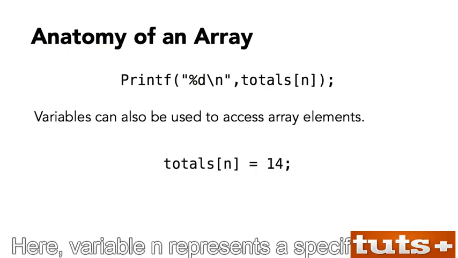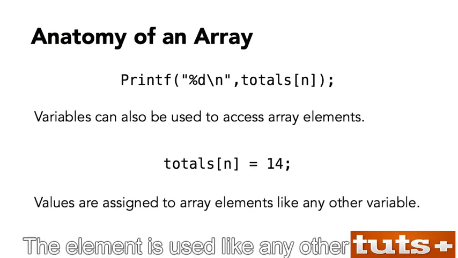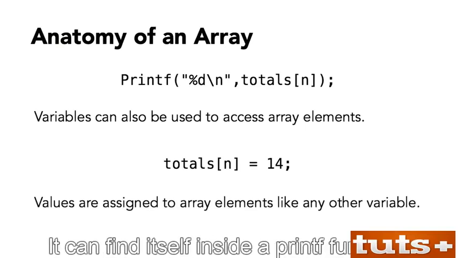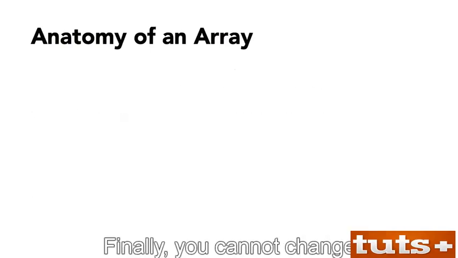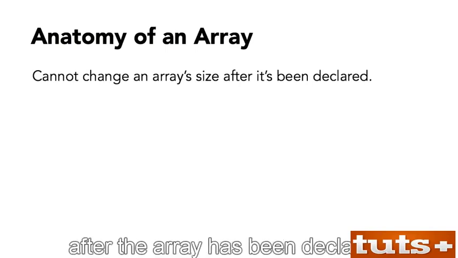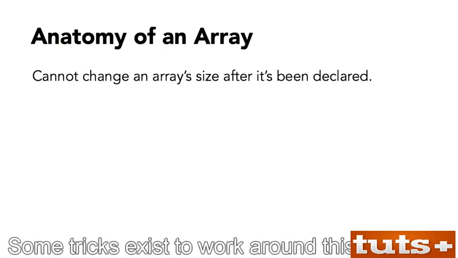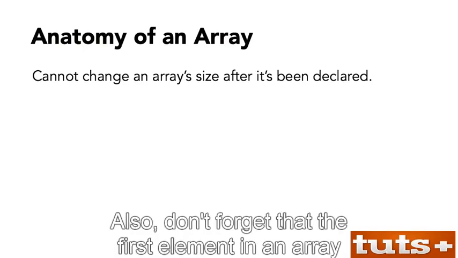It can find itself inside of a printf function, or it can be used with an assignment operator, as shown here. Finally, you cannot change the number of elements in an array after the array has been declared. Some tricks exist to work around this limitation, but for now, just accept it as a rule. Also, don't forget that the first element in an array is 0, not 1. Humans start counting at 1. The C language starts counting at 0.